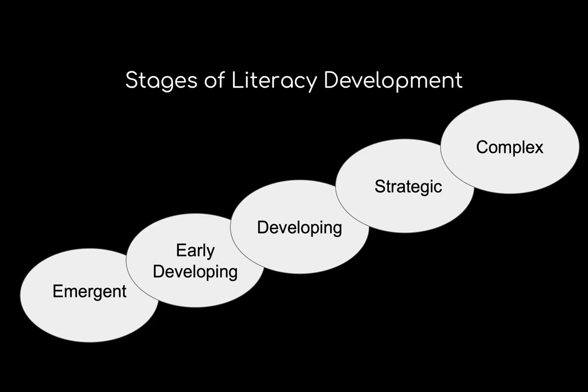The early developing stage typically begins in first grade and continues into second grade. In this stage, students use patterns in words and patterns in stories to extend their understanding of literacy. Students are focused on textual information and place effort in understanding the text.